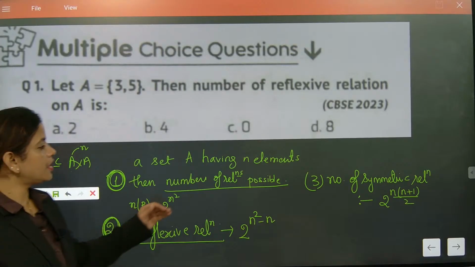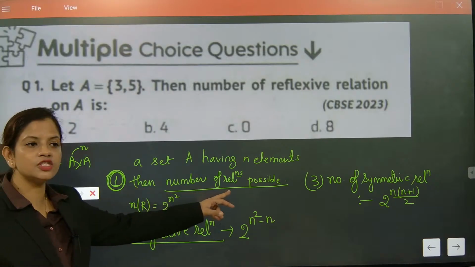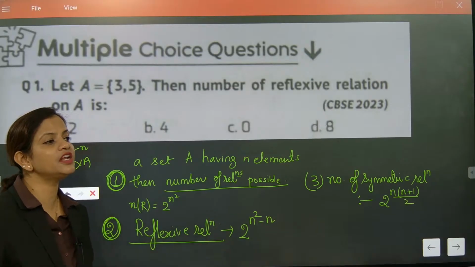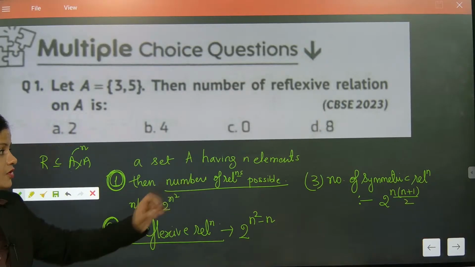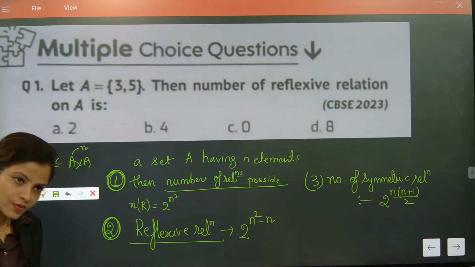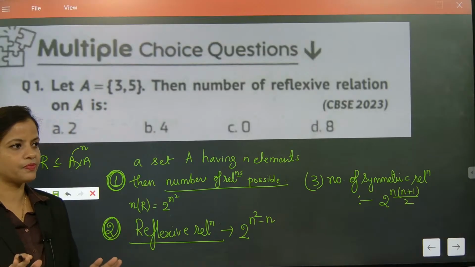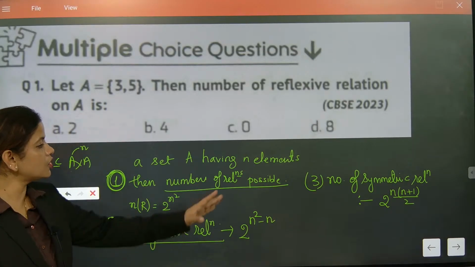Now look here. Number of symmetric relations, what is the formula? n into n plus 1 by 2. Done? Now beta, the total number of relations possible is 2 to the power n square. Total number of reflexive relations, and total number of symmetric relations, n into n plus 1 by 2. Everyone stop. Now our question is this one. We have got all the formulas.